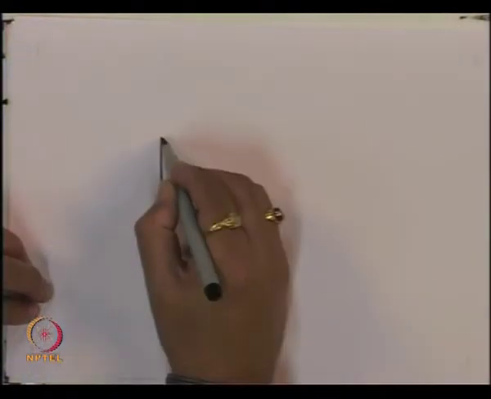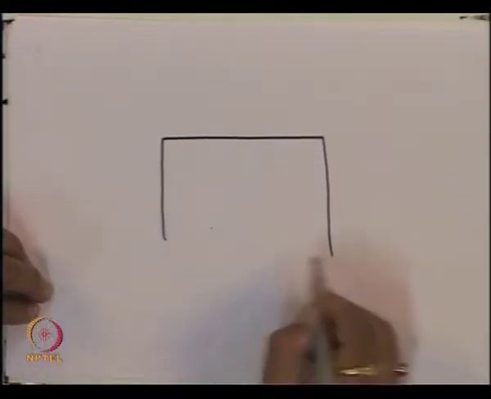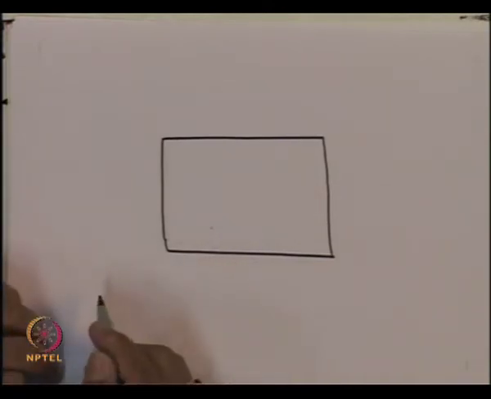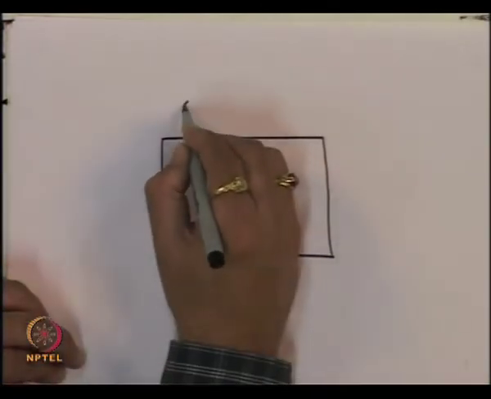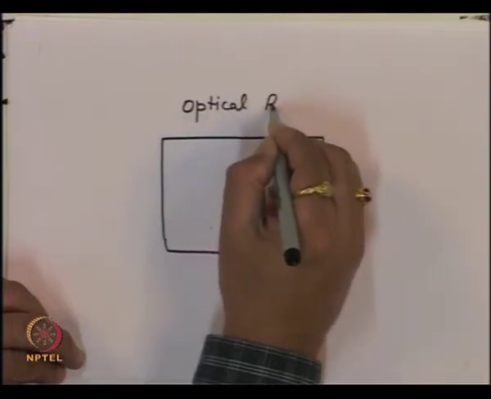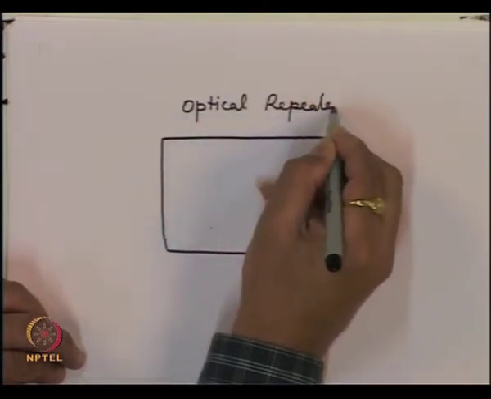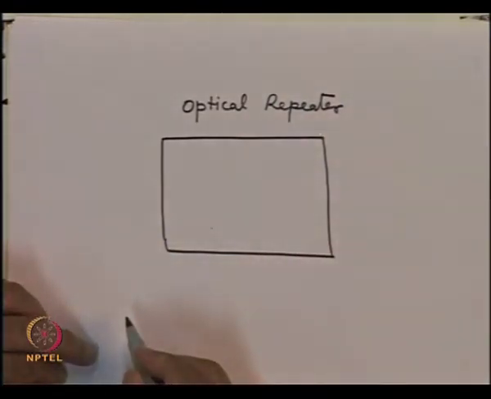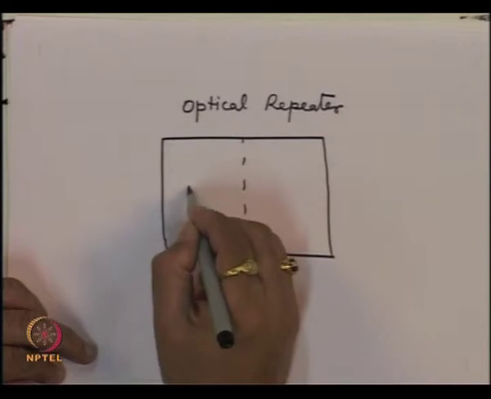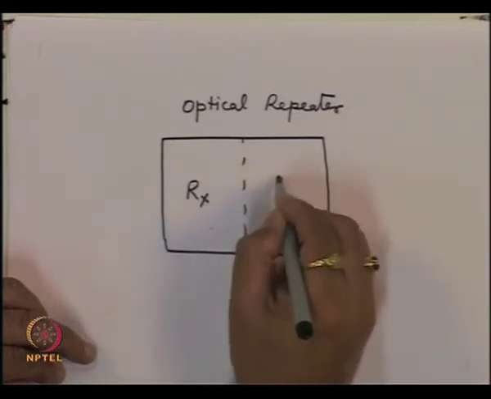So essentially, an optical transmitter is placed back to back with a receiver to make a repeater. So we have what is called the optical repeater, which has a receiver here and a transmitter here.